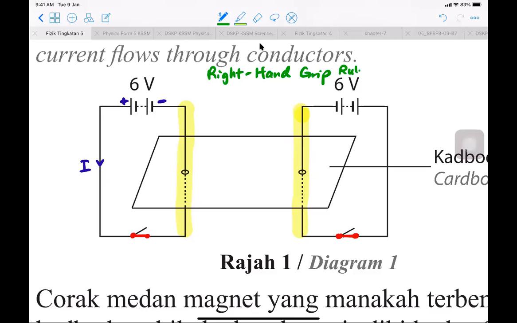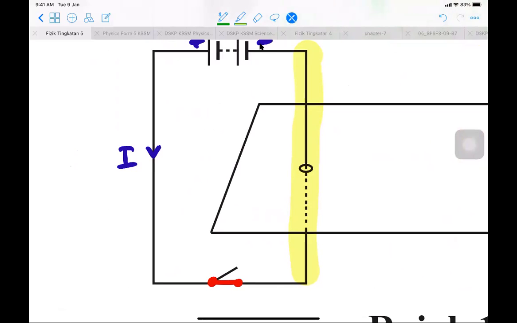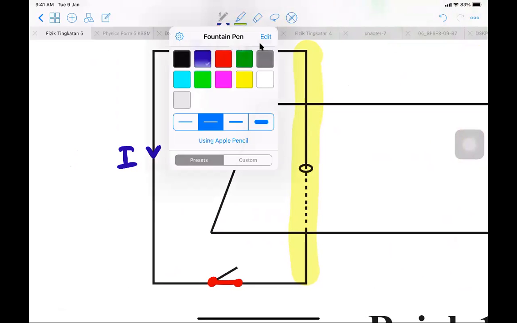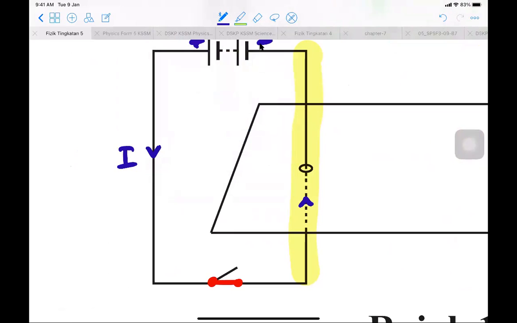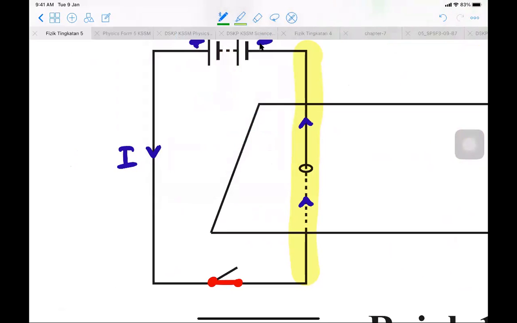On the left hand side, the current is going upwards. So you use your right hand, and your thumb is pointing upwards. Your other fingers indicate the direction of the magnetic field around the straight wire.